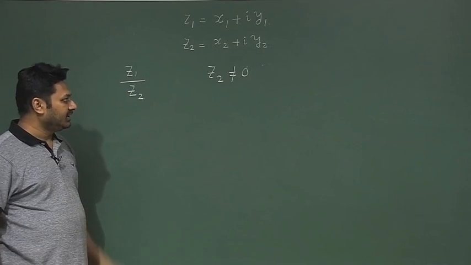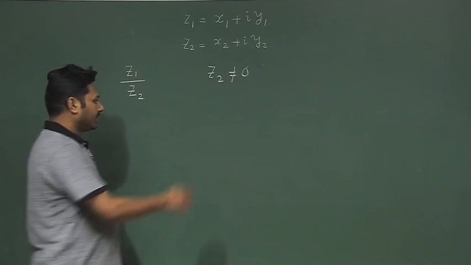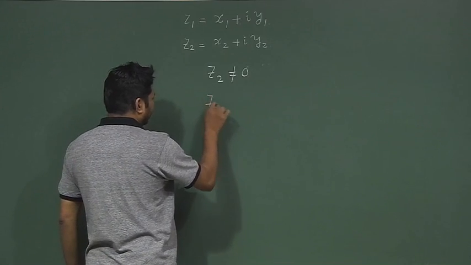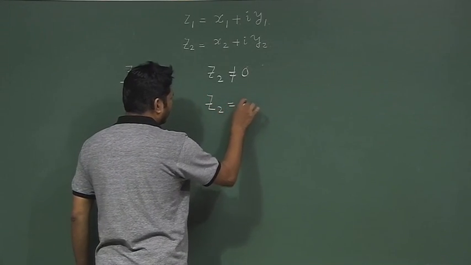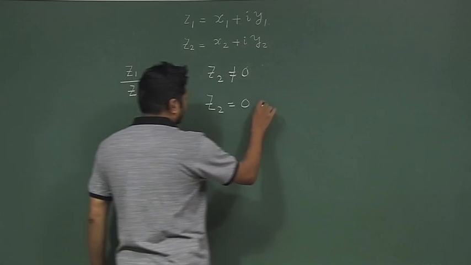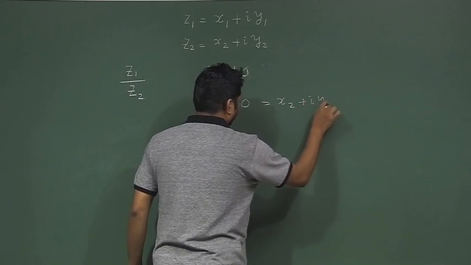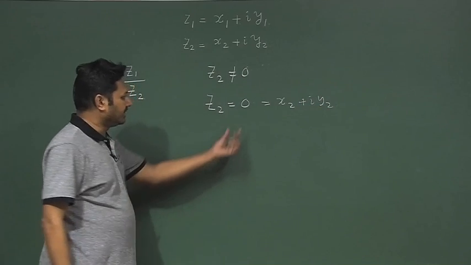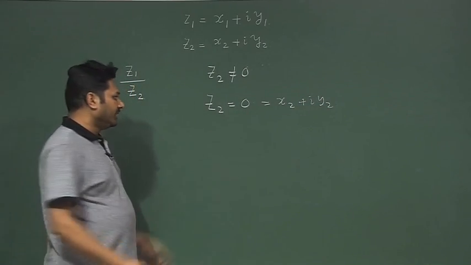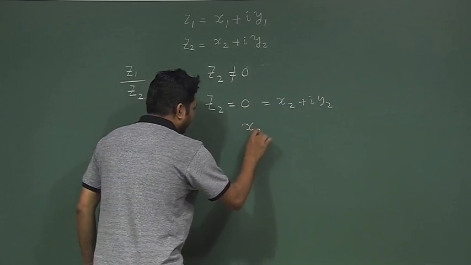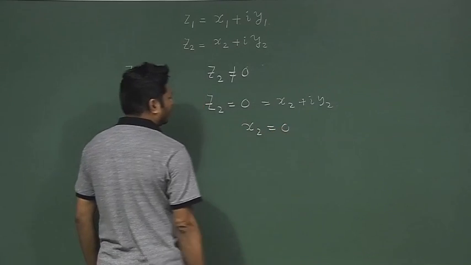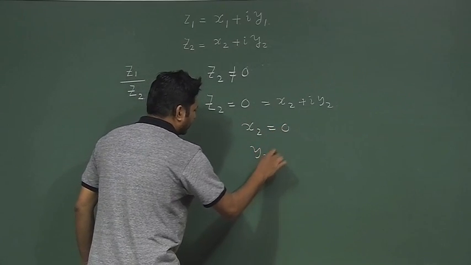But the question is, let me go back. If I say z2 is equal to 0, where it is x2 plus i y2, if a complex number is 0, that essentially means the real part is 0 and the imaginary part is also 0.